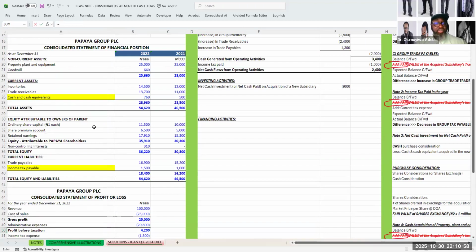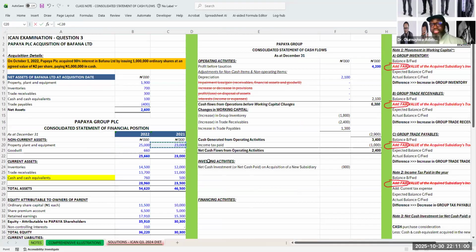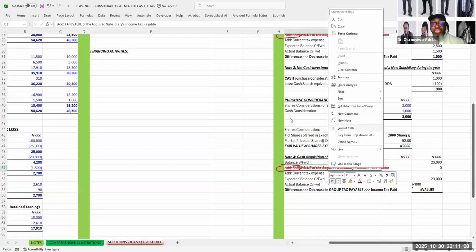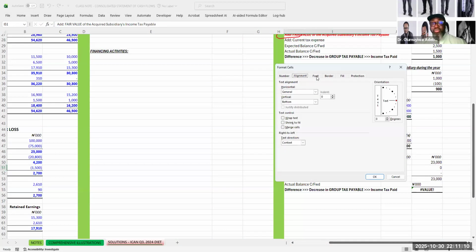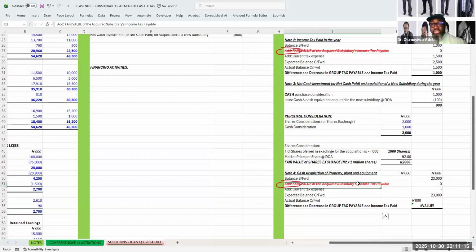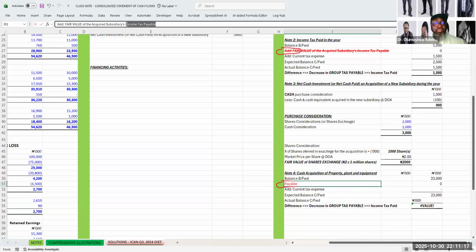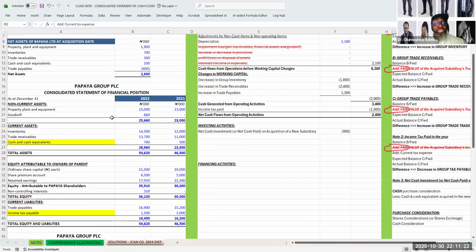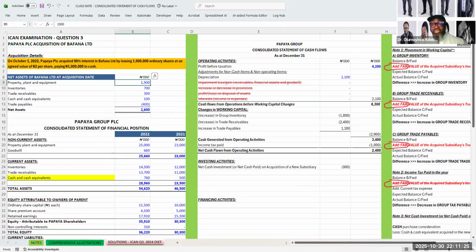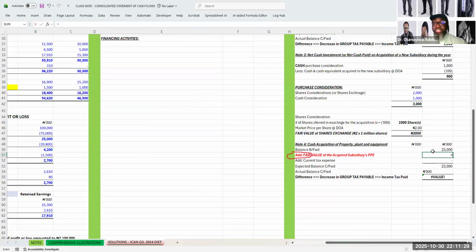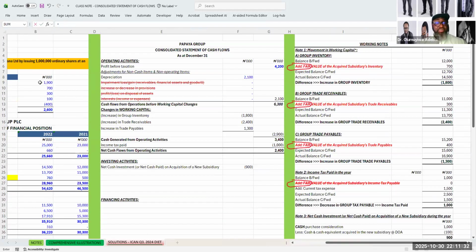Our balance brought forward was 23. The subsidiary brought in addition of 19, which means that will have increased further the 23 by 1.9.